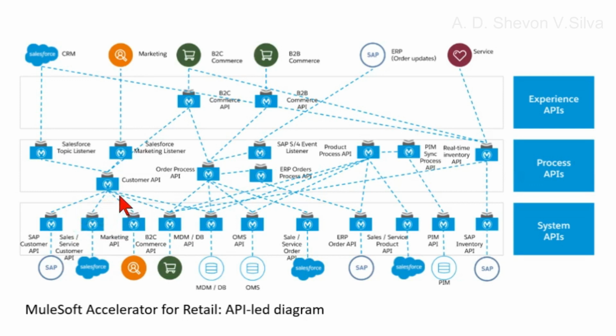Customer API in Process APIs interacts with Salesforce Topic Listener and B2C Commerce API in Experience API, and Salesforce Topic Listener is connected to CRM, here, Salesforce.